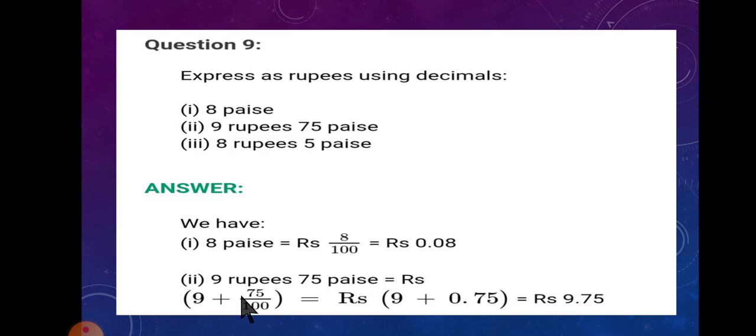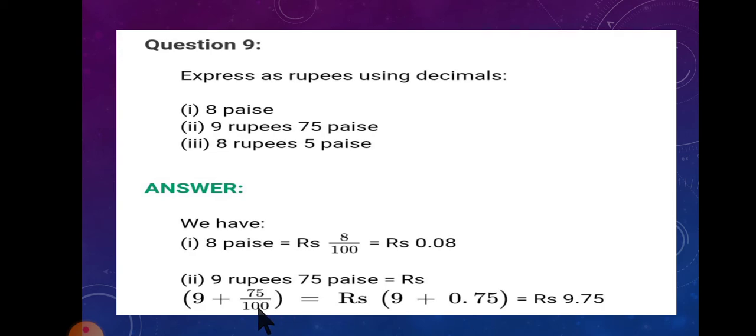And the second question is in both forms, rupees and paisa. The first term is already in rupees, so no need to convert. We will convert paisa to rupees. So you know that 1 paisa is equal to 1 upon 100. So we multiply 75 by 1 upon 100, so 75 upon 100.